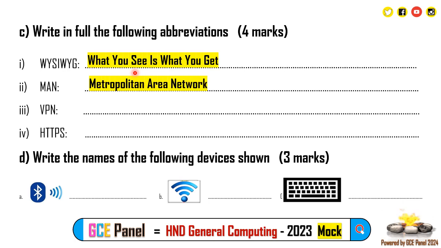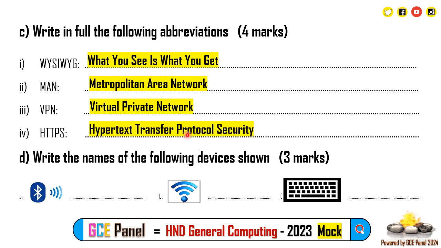VPN is Virtual Private Network. HTTPS is Hypertext Transfer Protocol Secure.